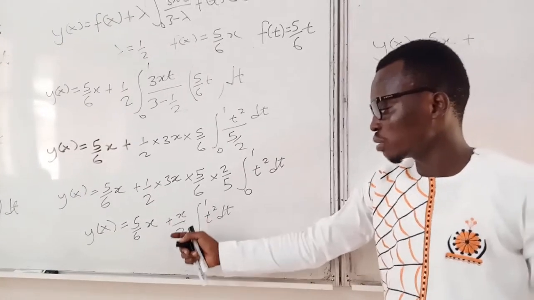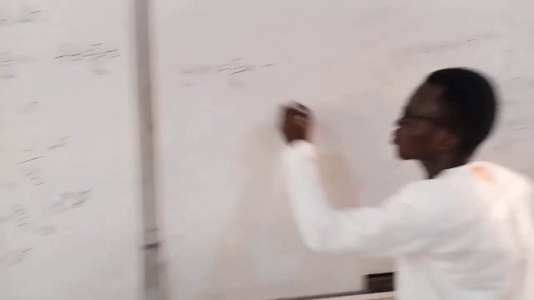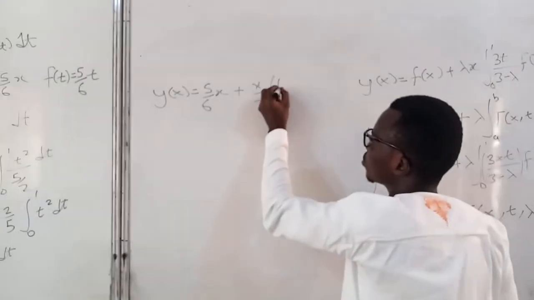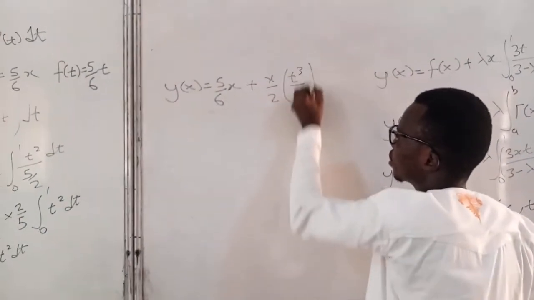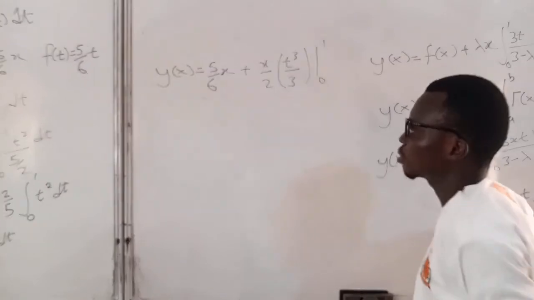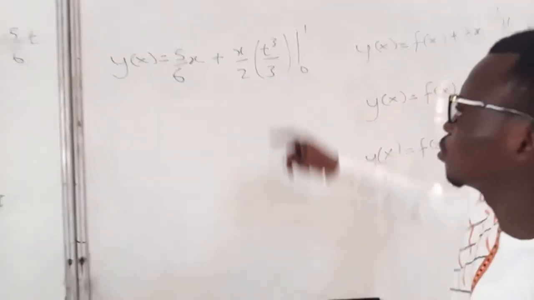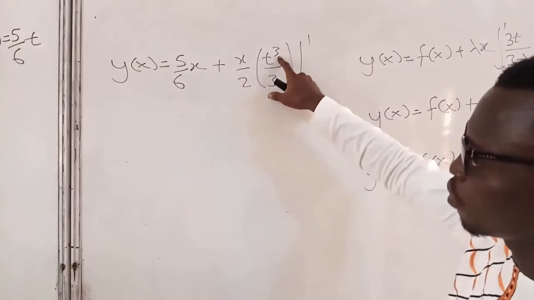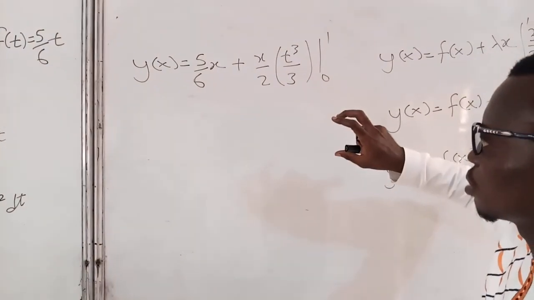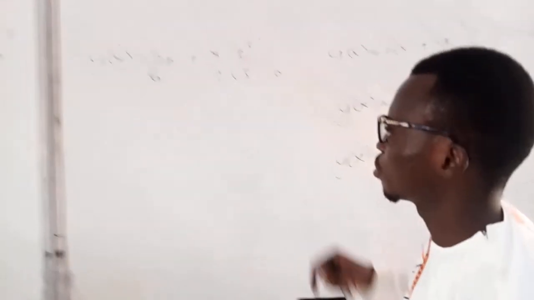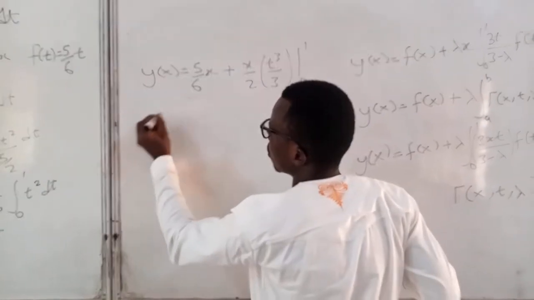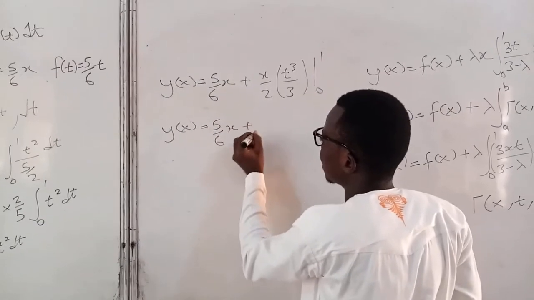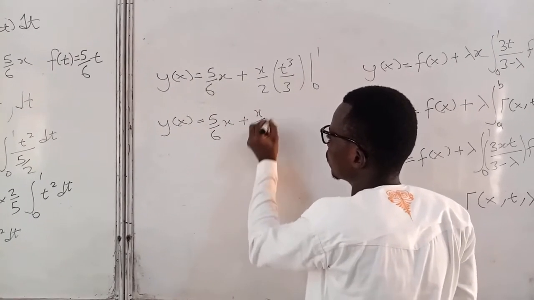So I'm going to have s over 2 into t cubed divided by 3 from 0 to 1. Wherever you see t, replace it by 1, and if you put 0, the whole term becomes 0.